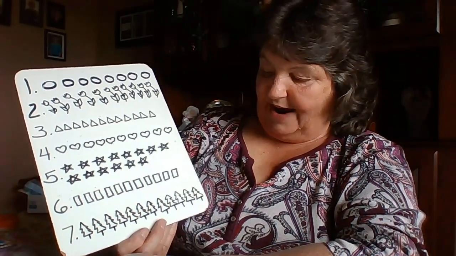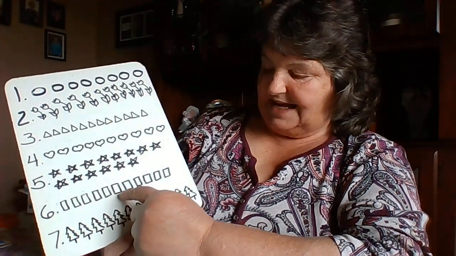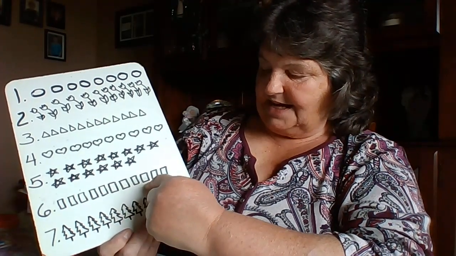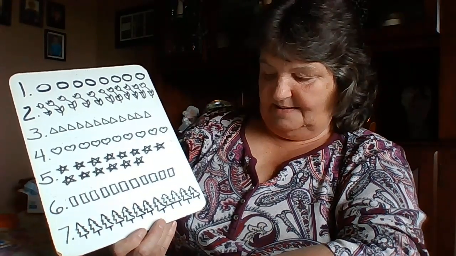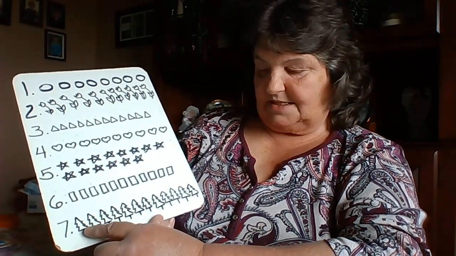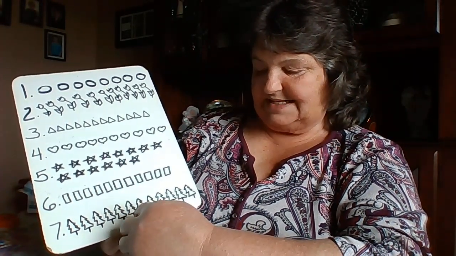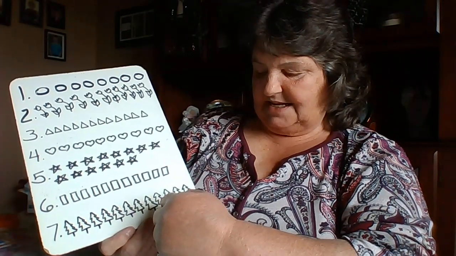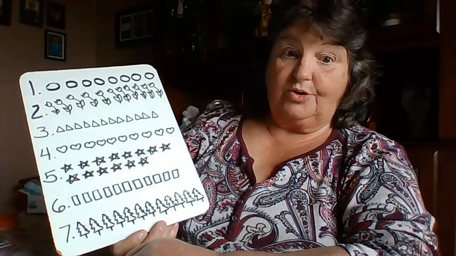Let's count the rectangles in number 6. 1, 2, 3, 4, 5, 6, 7, 8, 9, 10, 11 rectangles. Good. And let's do the trees. 1, 2, 3, 4, 5, 6, 7, 8, 9, 10, 11, 12. And you write a 12 by making a 1 with a 2 right beside it.